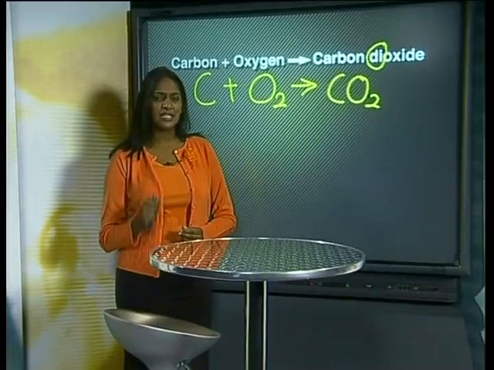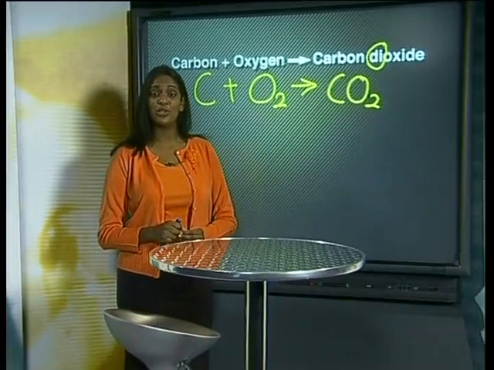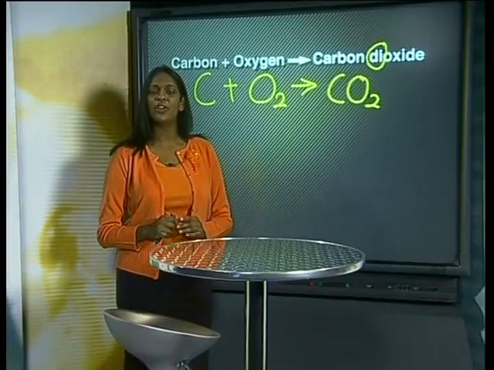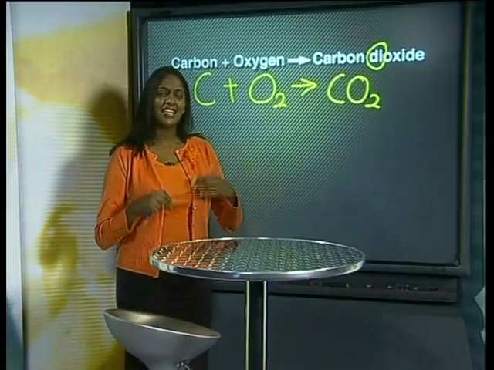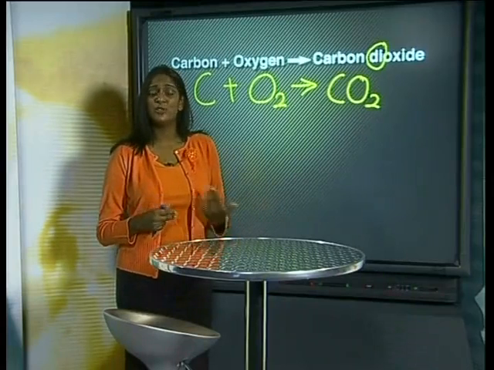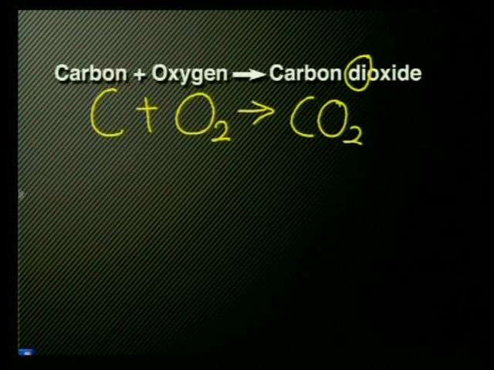To be absolutely accurate, we have to make sure that we followed the law of conservation of mass. The easiest way to do this is to draw a picture. I'm going to start by drawing a line through the arrow so that I can separate the reactants from the products in the reaction.